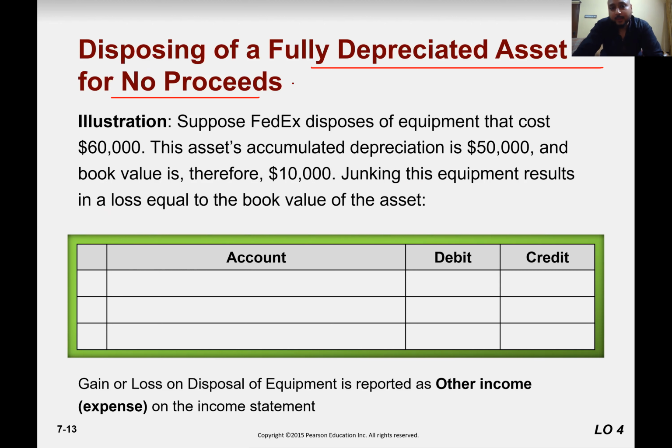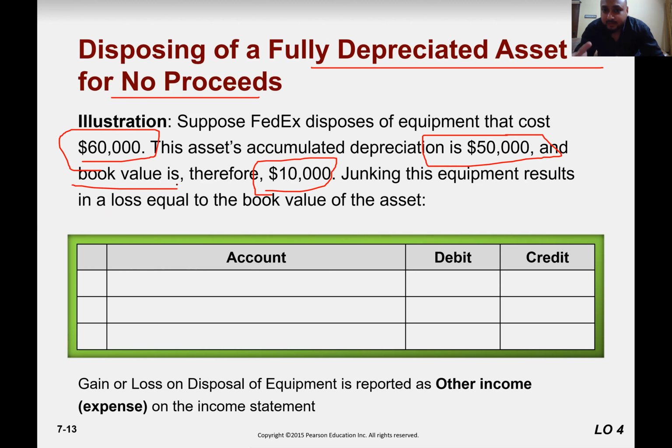Here we go. Suppose FedEx disposes of equipment that costs 60,000. They purchased the asset for 60,000 and its accumulated depreciation is 50,000. It means it still has the capacity to be used for 10,000, or its book value is 10,000.